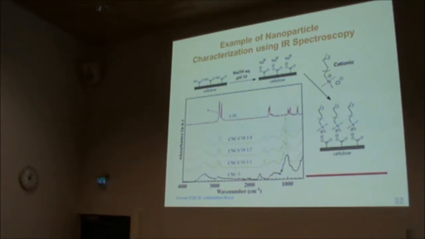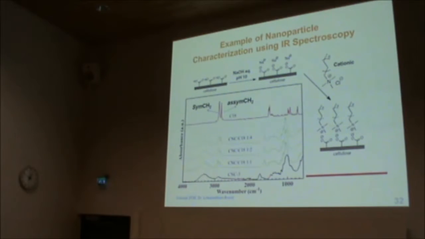Now let's look at the spectrum. Here you have the cationic surfactant itself. This is the infrared spectrum of this molecule, and here you have the CNC, which is the starting material. What they are doing here is increasing the CNC to surfactant ratio. One big difference as you move from here to here is the appearance of this CH2 stretch, symmetrical and asymmetrical, you find both.